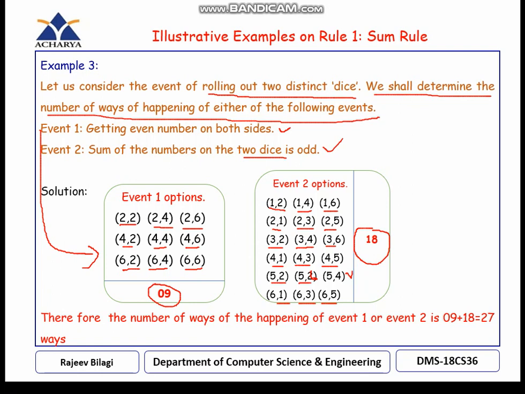The total number of events that can happen here is this plus this, that is 9 plus 18, which is equal to 27. So for this particular problem, the total number of ways of event 1 or 2 happening will be 27.